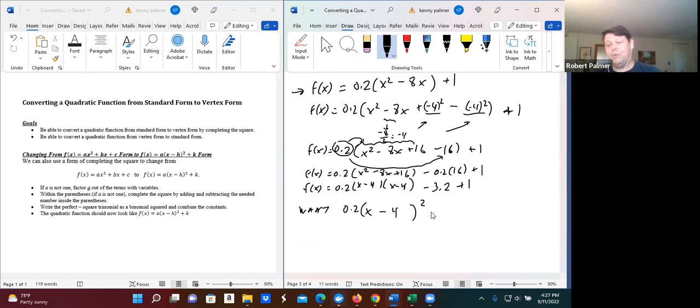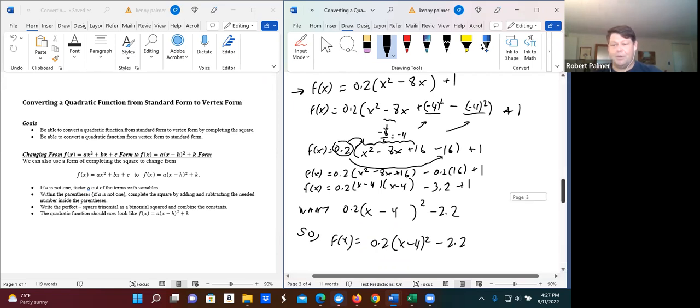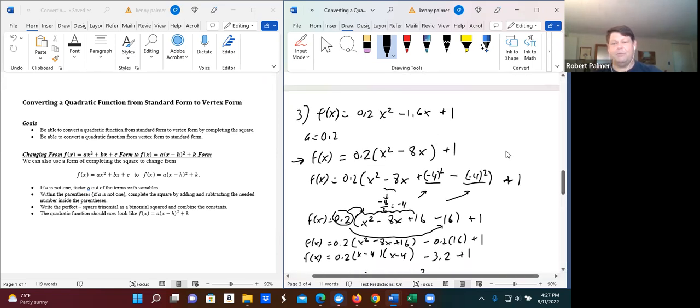Negative 3.2 plus 1 is negative 2.2. So my function f of x is equal to 0.2 times x minus 4 squared minus 2.2. And once again, you can check and make sure that's the case. You graph both of them.